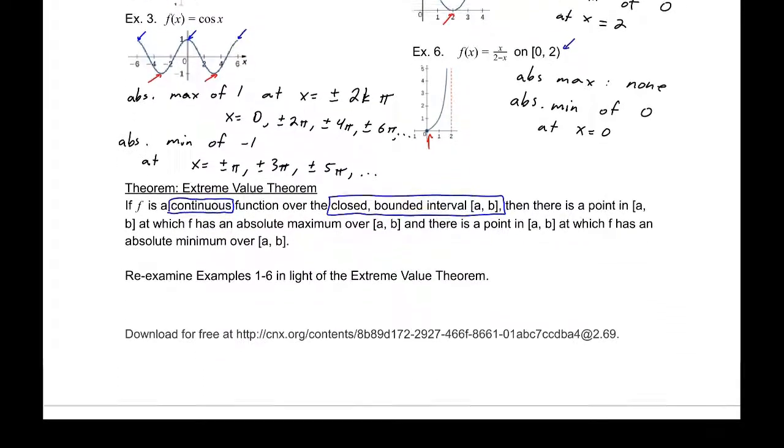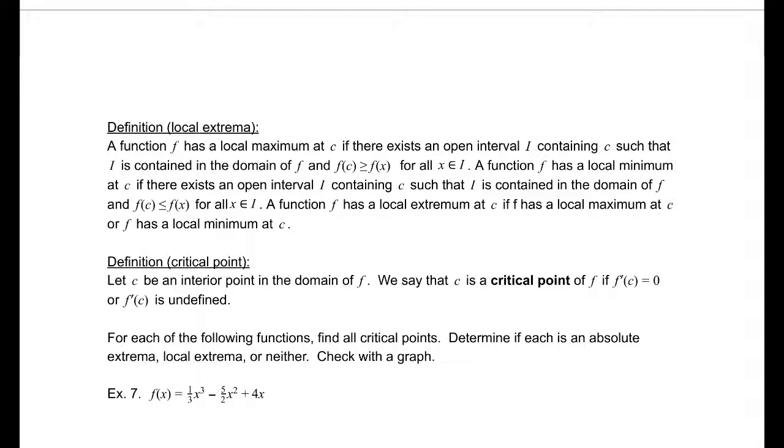All right. Next, up to this point, we have discussed absolute or global extrema. Now we turn our attention to local extrema. So the basic idea is that rather than having over the entire domain a highest or a lowest y value, in a certain interval, if we have a value c such that f of c is greater than or equal to f of x for all x in that interval, so in a particular region of our graph we have a highest point, then we call that a local maximum.